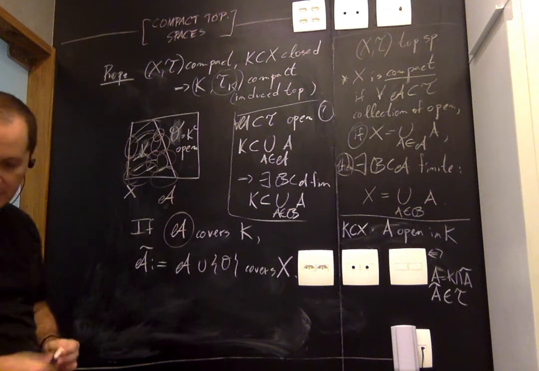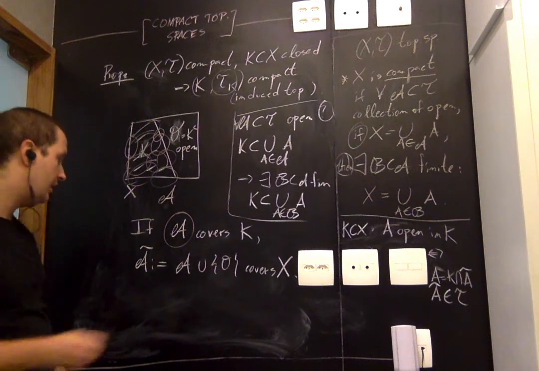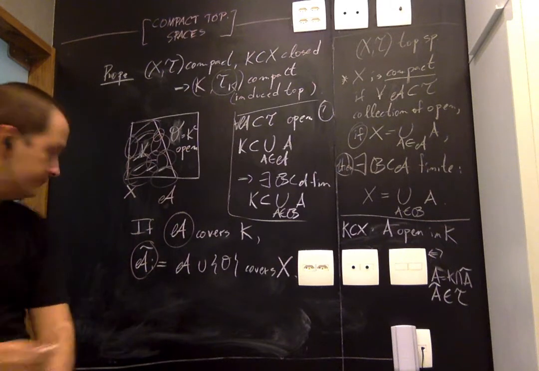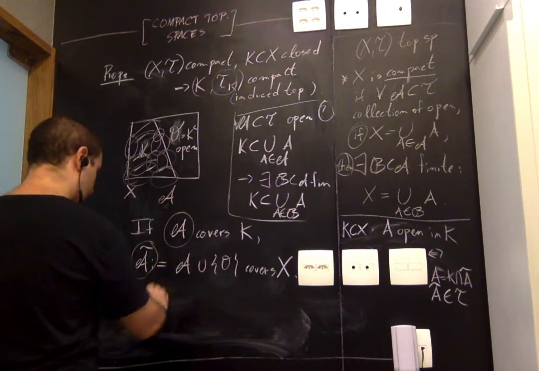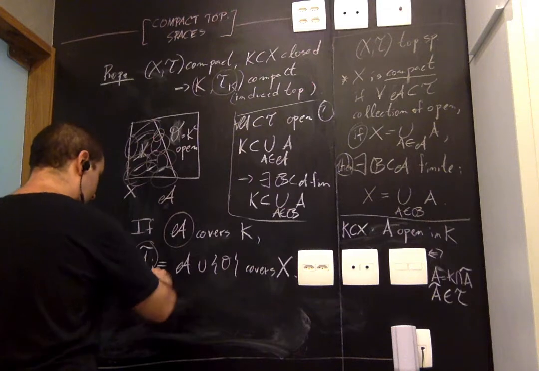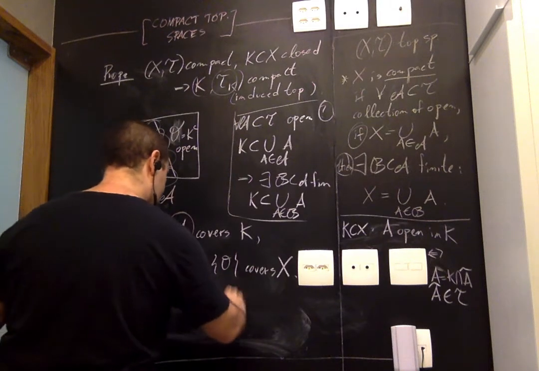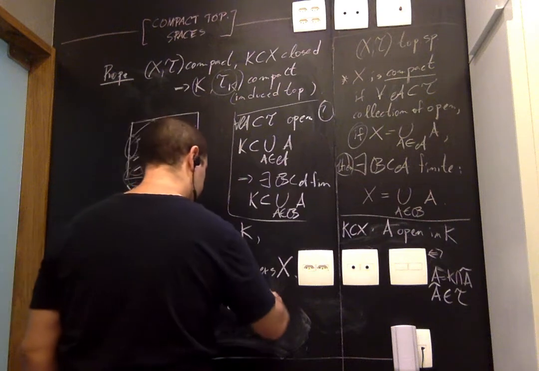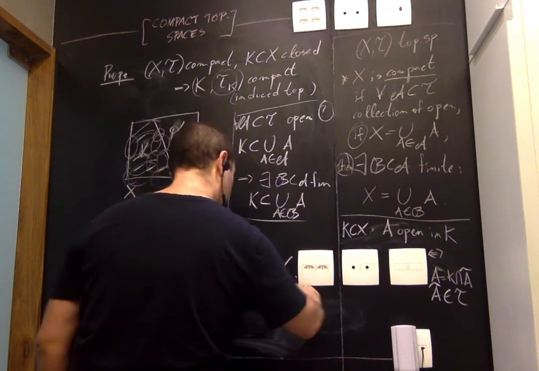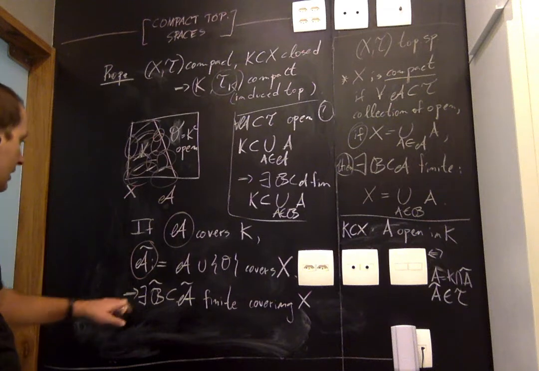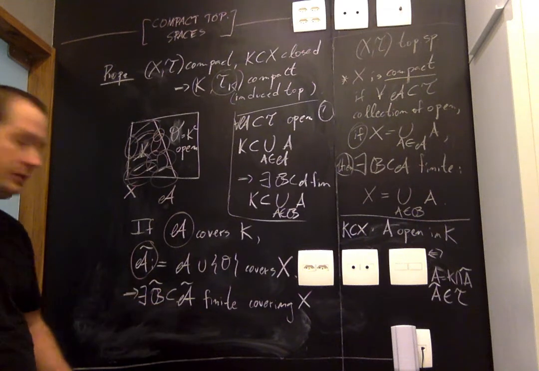Okay, why is this good? Because now we have an open cover of X, and therefore it has a finite subcover covering X. So now I can say, okay, we can replace this A tilde by a finite subcover.